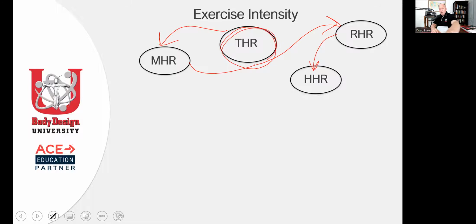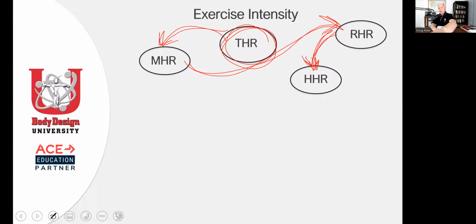So target heart rate must have max heart rate associated. I got to know what your max is. Now, I can use a predictive equation that just uses your max heart rate and your age, right? That's the 220 minus your age. But that's not a very effective way to do it. What we want to do is we want to know what your resting heart rate is, because if I know what your resting heart rate is, guess what I can do? I can calculate what we call your heart rate reserve.